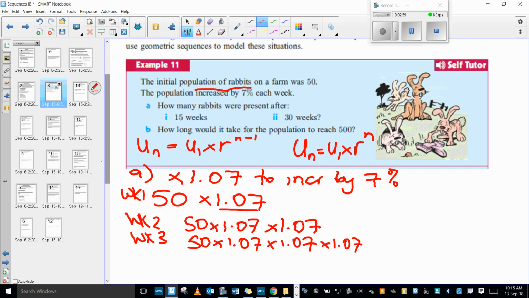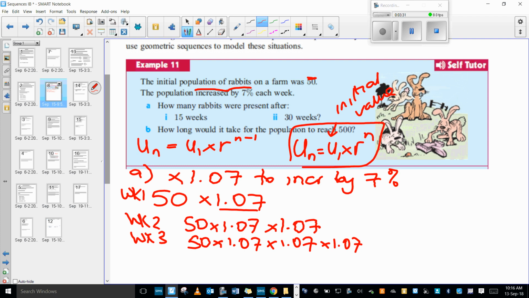It's the same kind of situation here. So you have a choice. You can either recognize that 50 is not u1, it's actually u0, or you think of this as your formula, where this is your initial value, and you just multiply by r to the n.